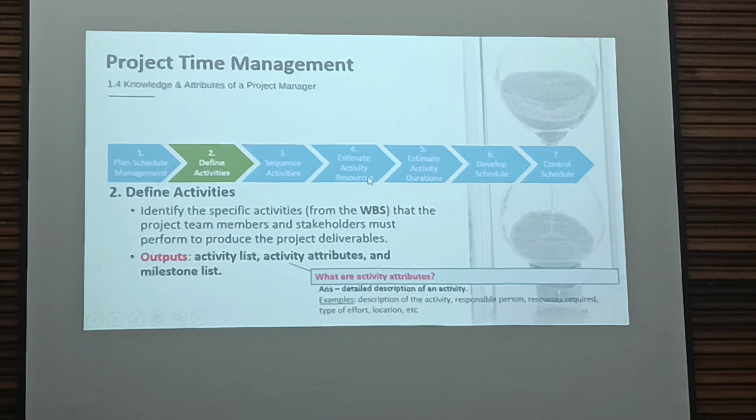Activity attributes are additional information that you want to mention about the activity, for example a description of the activity, the person responsible for the activity, resources required to perform the activity, type of effort, and location, meaning where the task is being performed.